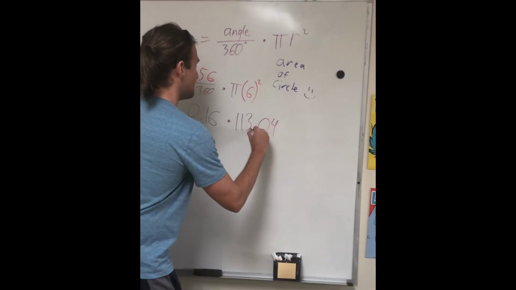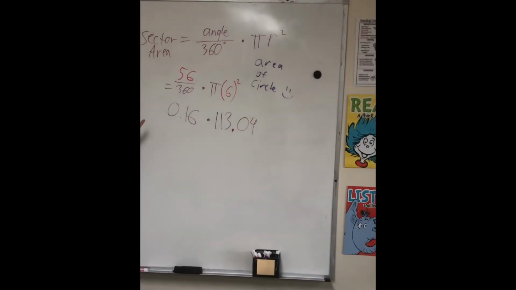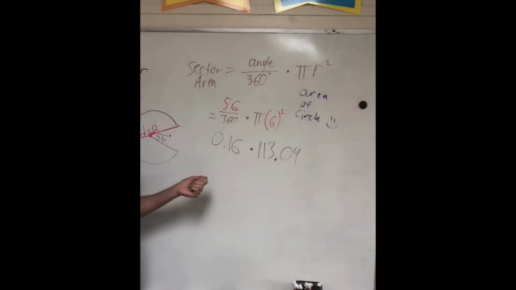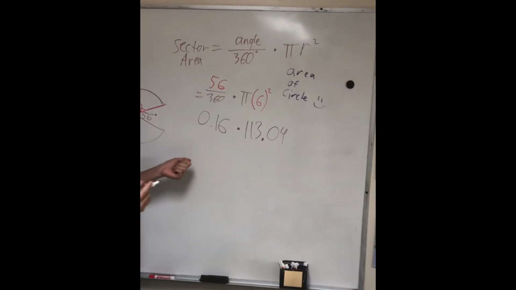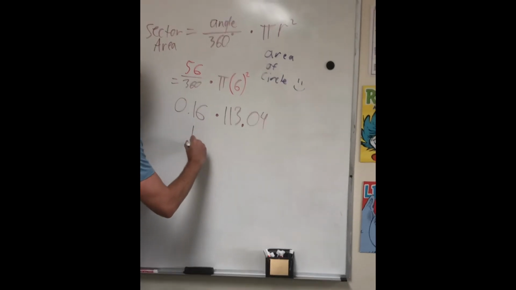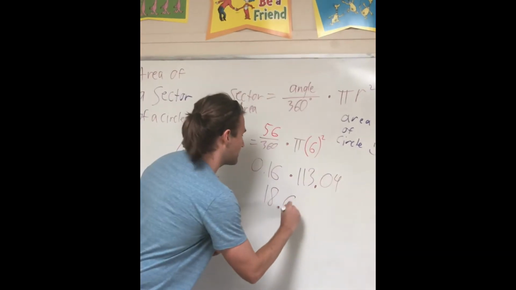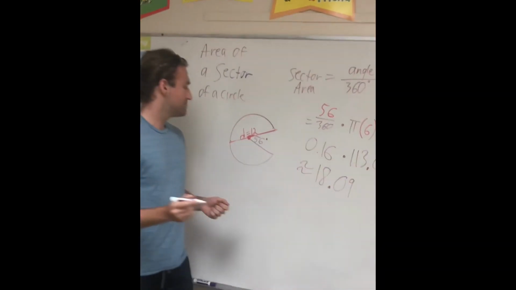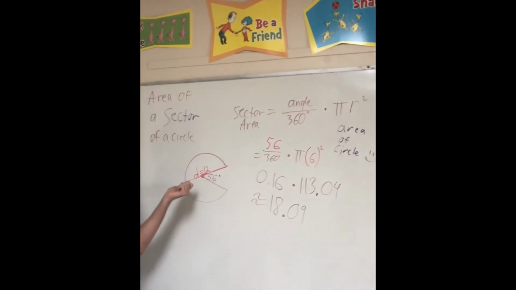Now all I have to do is multiply those together. Use your calculators for this. I believe it was 18.09, roughly rounded. So that's how I get the sector area of a circle.